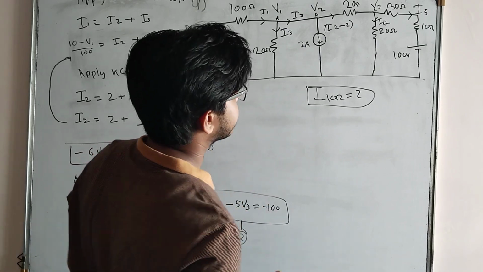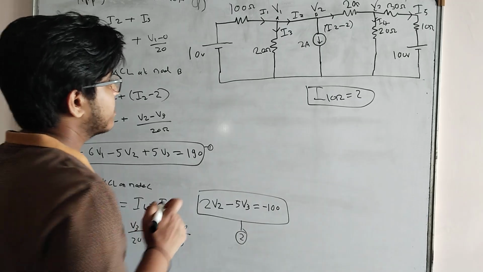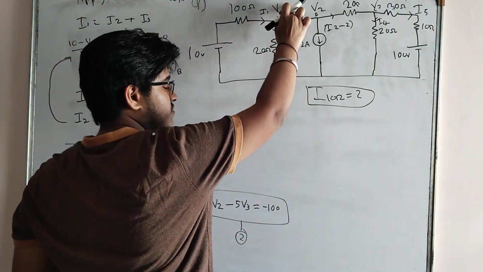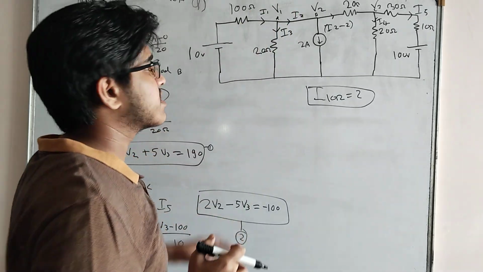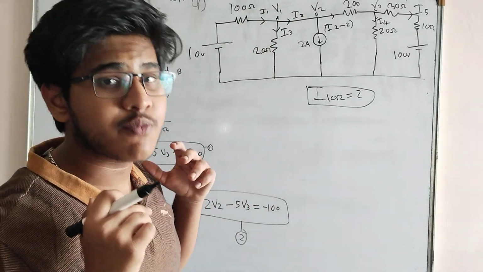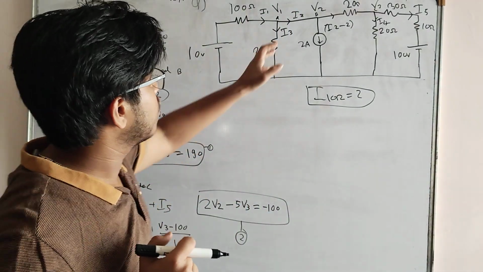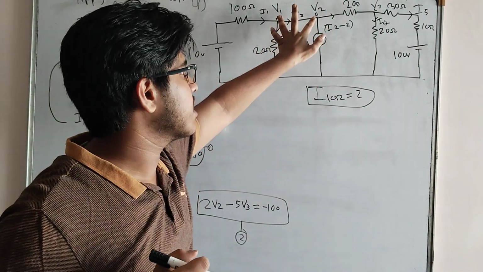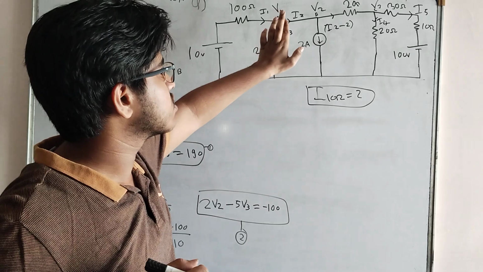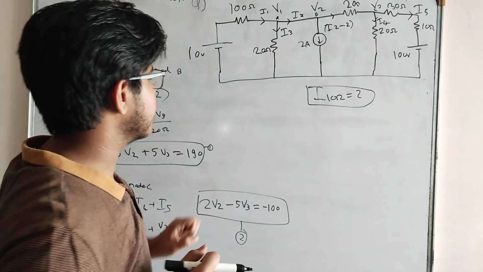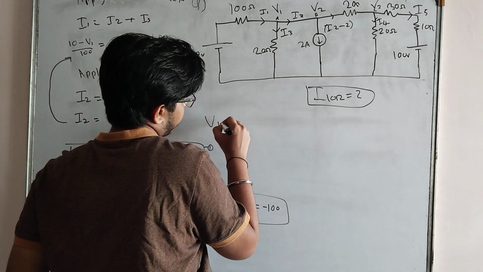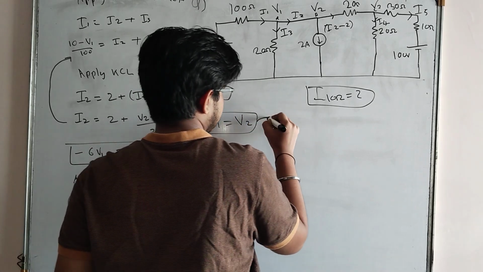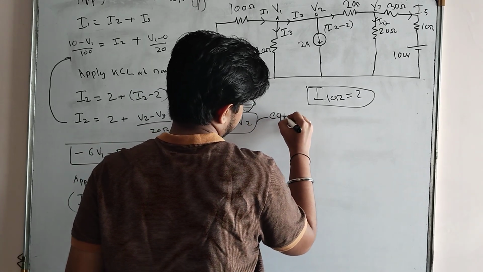So friends, a point to be noted is that here at node A we are having voltage as V1, but as we know that this wire is an equipotential surface, V1 is equal to V2 if we join these two nodes, because there is no resistance present in between. So I will write here V1 is equal to V2 and write the reason here as equipotential surface.